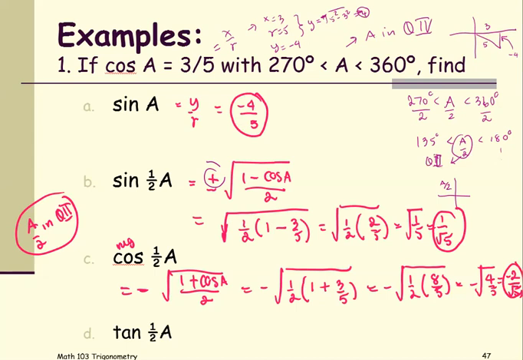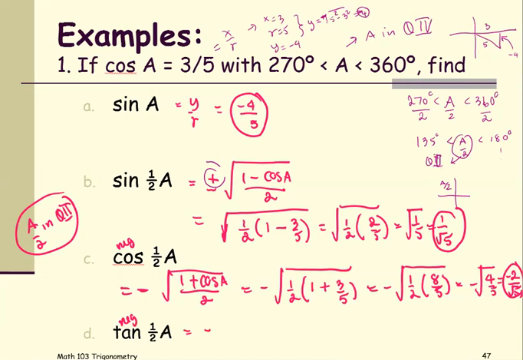So the tangent of A over 2, or the half angle of the tangent function. Since A over 2 is in quadrant 2, the tangent is going to be negative in sign.